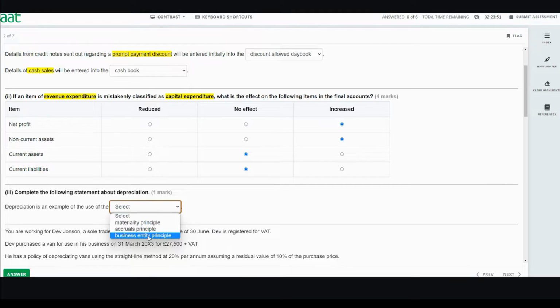Business entity principle means that it's the business in its own right. So when we're working with business entities, all the transactions you're posting are to do with that business. But you see, depreciation is definitely the accruals principle. So don't forget, accruals means that we are writing amounts off, or making sure that they're written off in the period that they belong to.